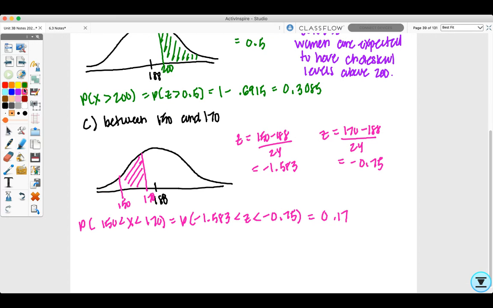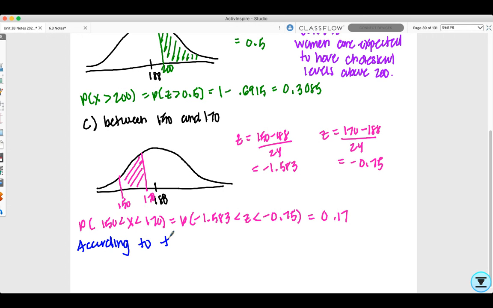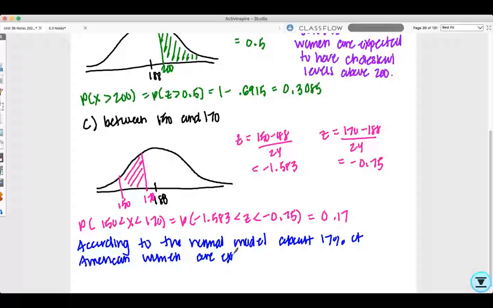So again, you'd have to state according to the normal model, about 17% of American women are expected to have cholesterol levels between 150 and 170.